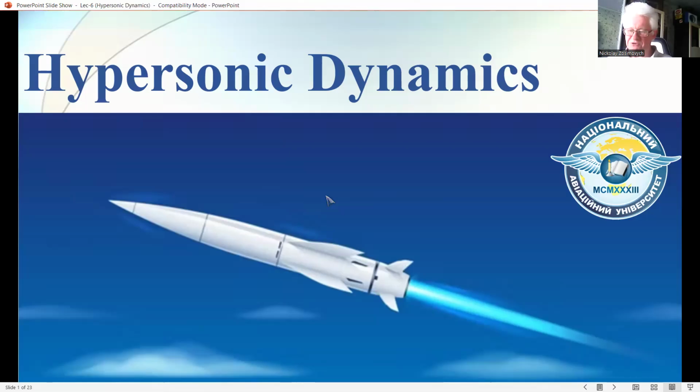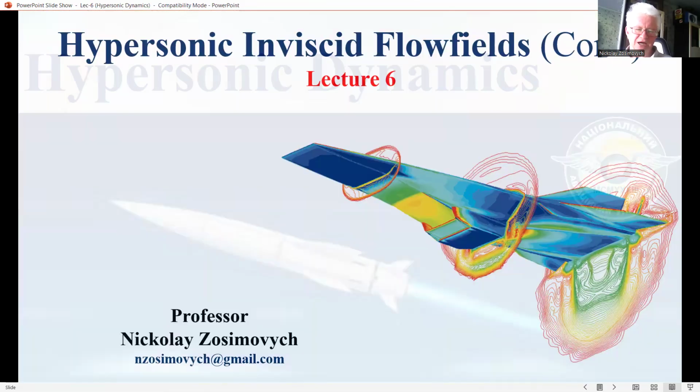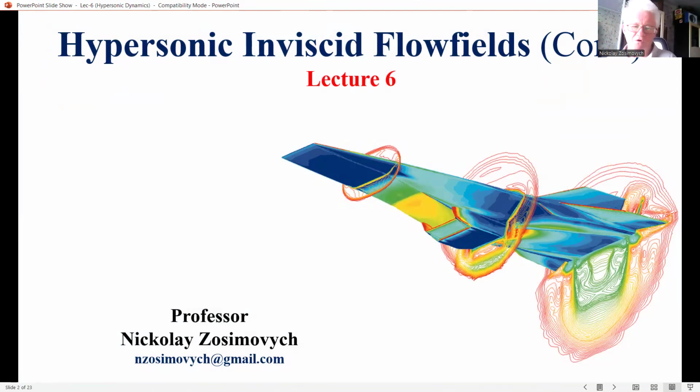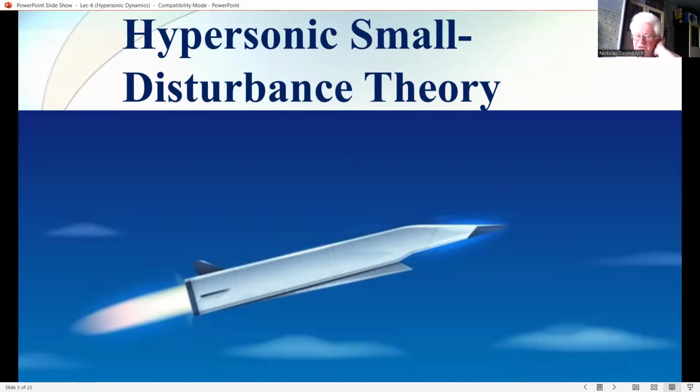Today we will be continuing to study the hypersonic inviscid flow field. Let's start with the hypersonic small disturbance field. If we return to our roadmap from our first lecture, we are presently working under the general heading of flow field consideration.